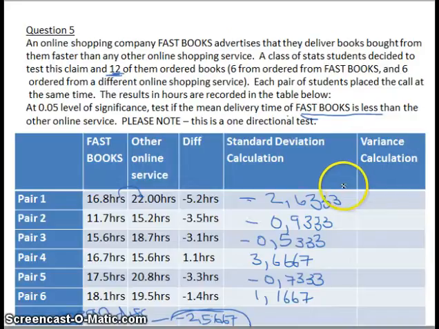For the variance calculation, all I do with these values for each pair is square them.